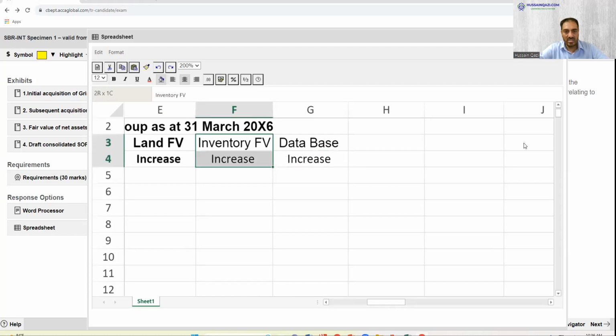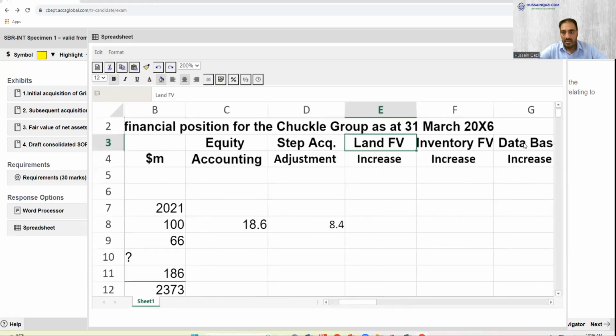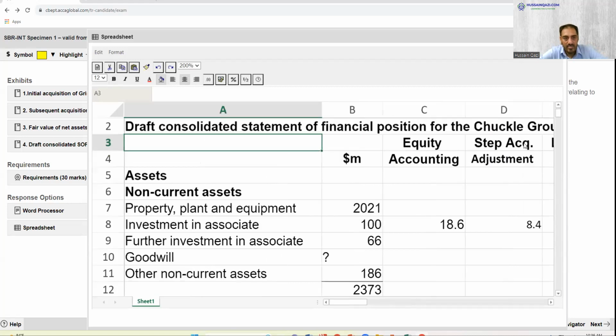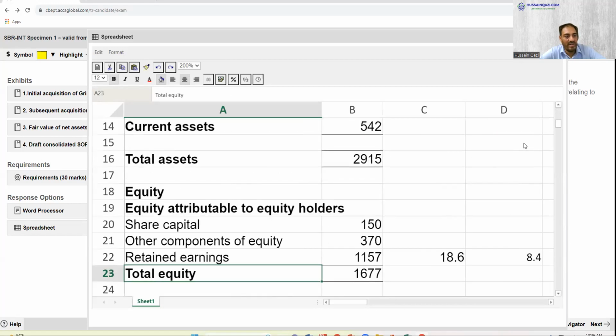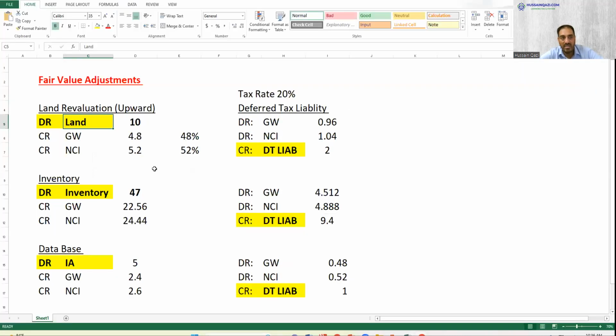You can mention that, no worries. That's the point. Now fair value adjustment, one by one.